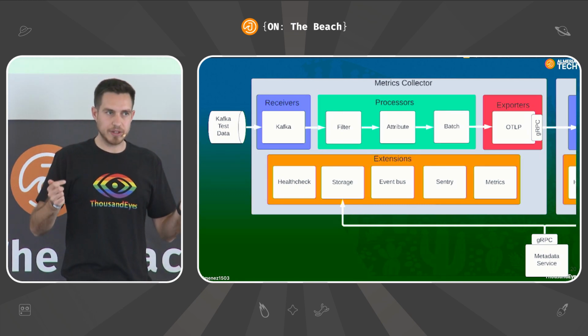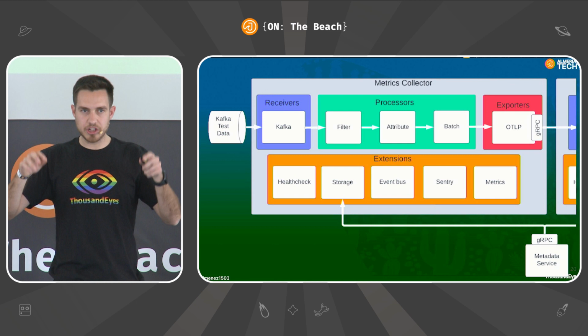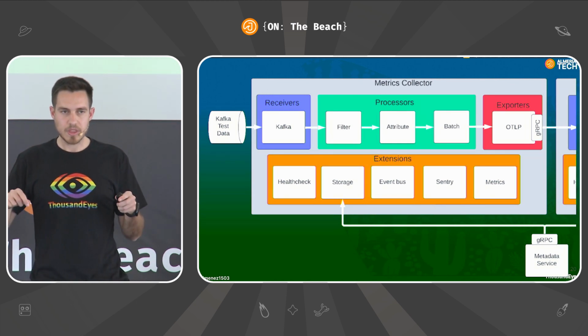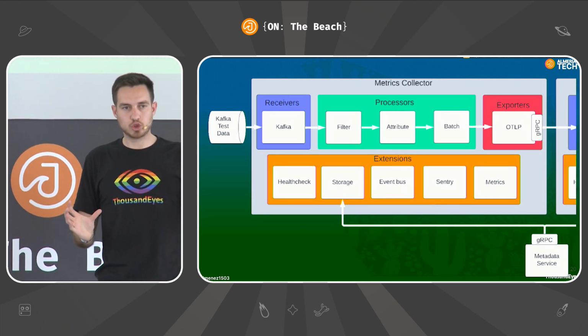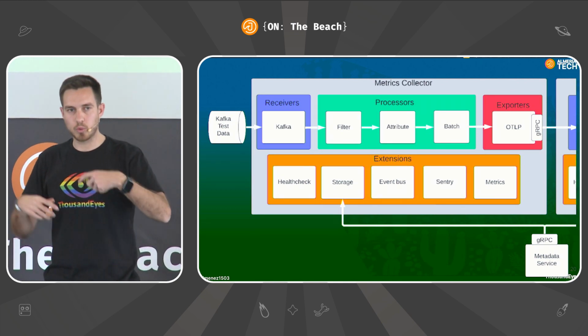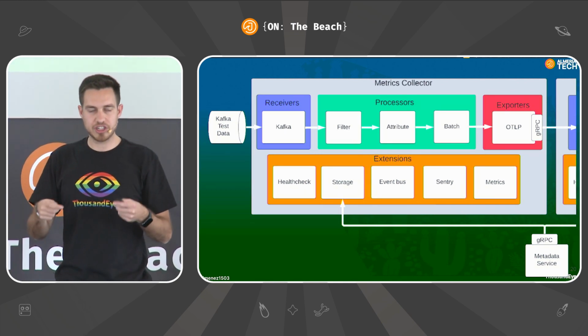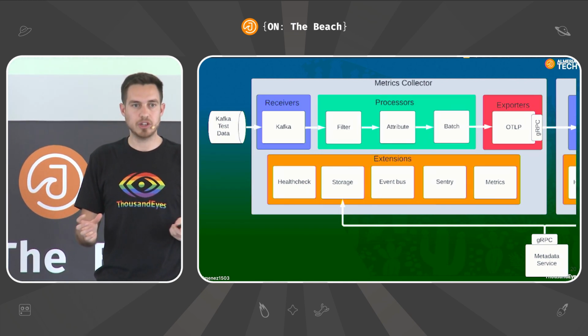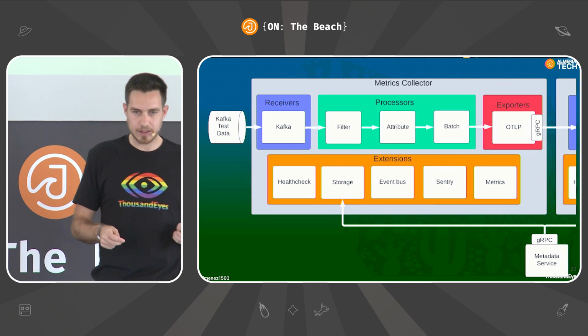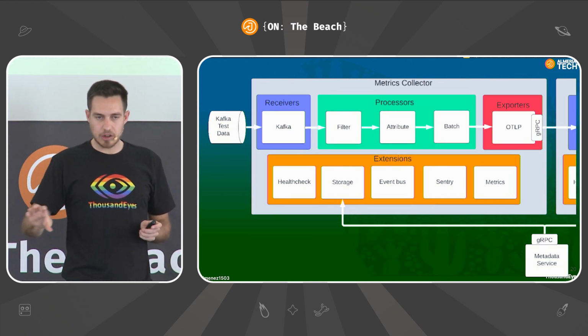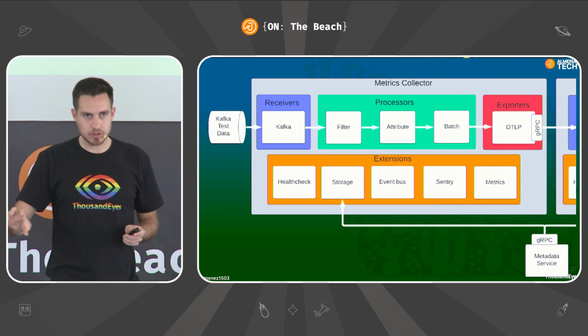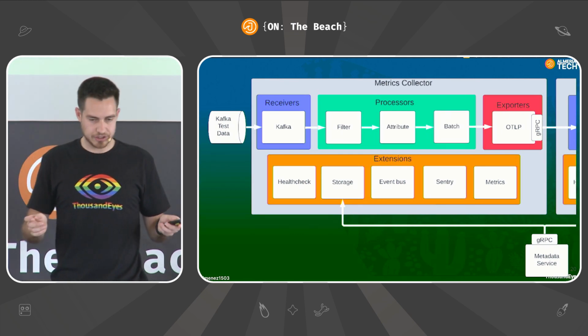We also have our attribute processor, which is doing enrichment of that data. And we also have batching to group data points together, so when we export on the OTLP exporter using gRPC, we are more efficient. You can see on the bottom the extensions. I will go into them in detail later.